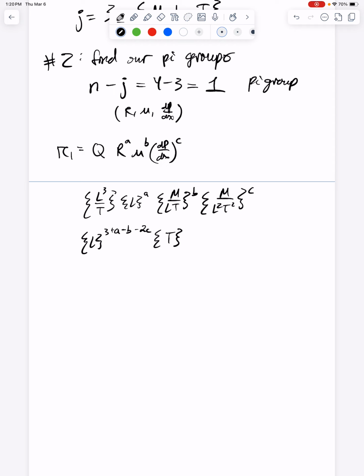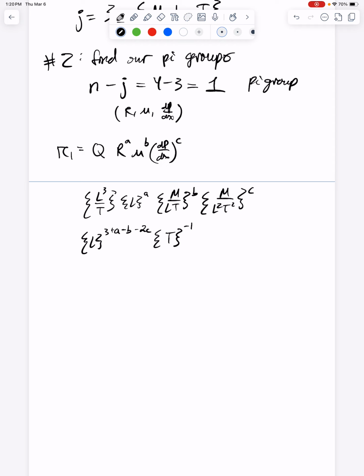For T, unit time, by default, based on Q, it's in the denominator to the power of -1. T is not in R, so A is not involved, but T is involved in both mu and the pressure gradient, and is in the denominator to its respective power.